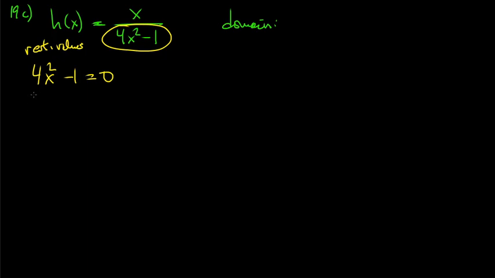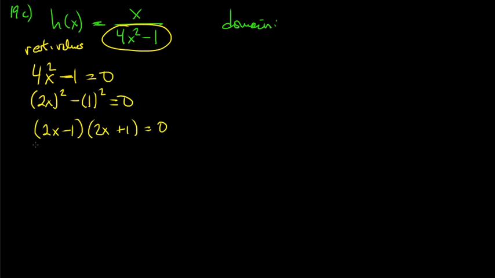So for the restricted values, we have to solve this equation. So that's a quadratic equation. I think we can factor it, right? We have a perfect square minus a perfect square. So this is a squared minus b squared. So a minus b times a plus b. And so we take 2x minus 1, set that equal to 0. 2x is 1, divide by 2.